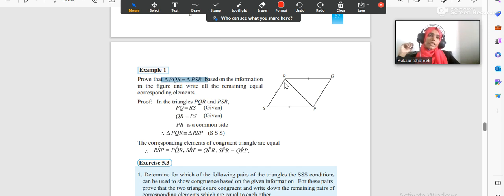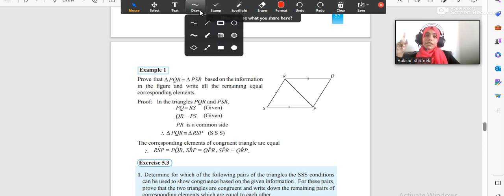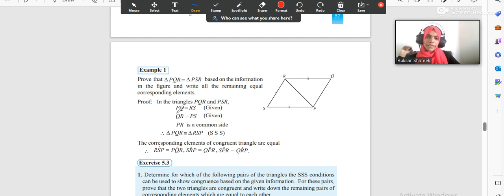So here they've given us the details, that PQ is equal to RS, and on the other hand they've told us QR is equal to PS. Another mistake that children commonly make is this: on this side we are actually referring to the triangle PQR's details, so everything comes here, PQ, then QR, and on the other side we are referring to the details of the triangle PSR.